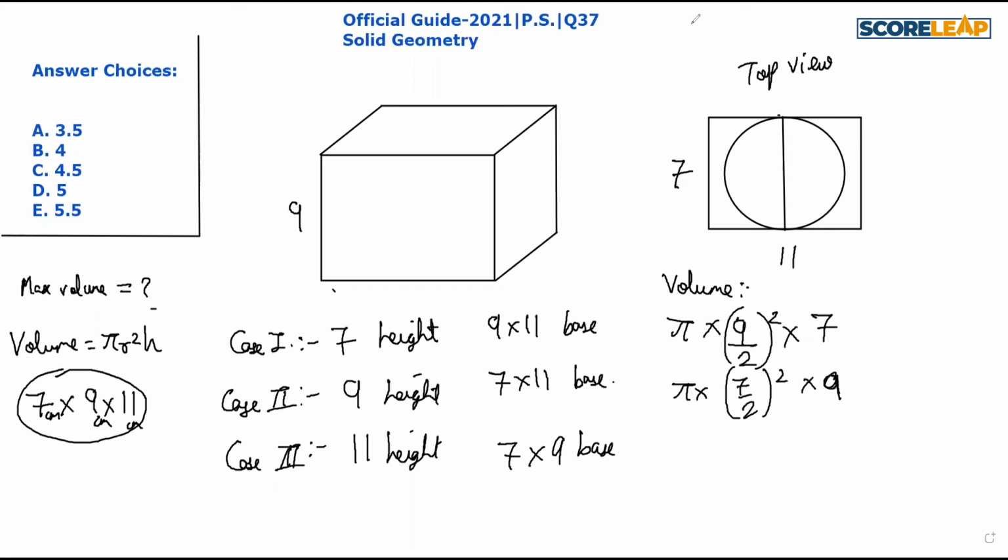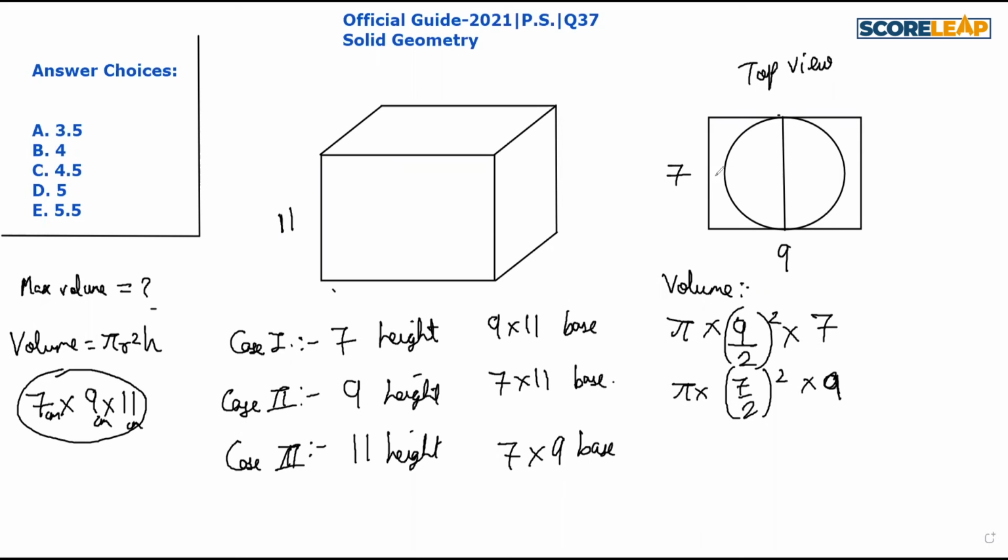Now for the third and last case, we have the height as 11 centimeters and the base is 7 into 9. Here again, the maximum diameter of the cylindrical canister will be 7, because it cannot be 9.